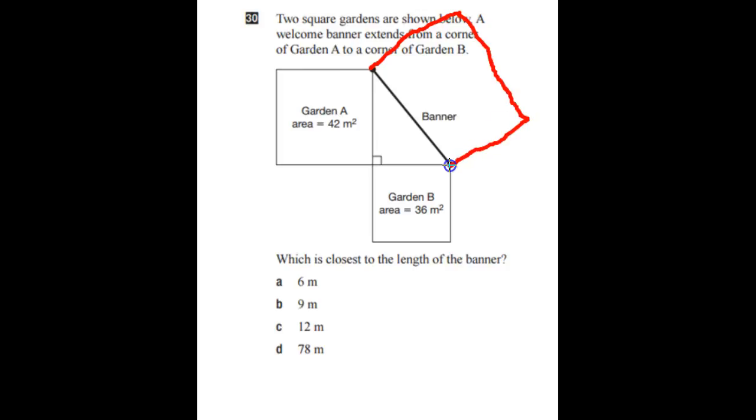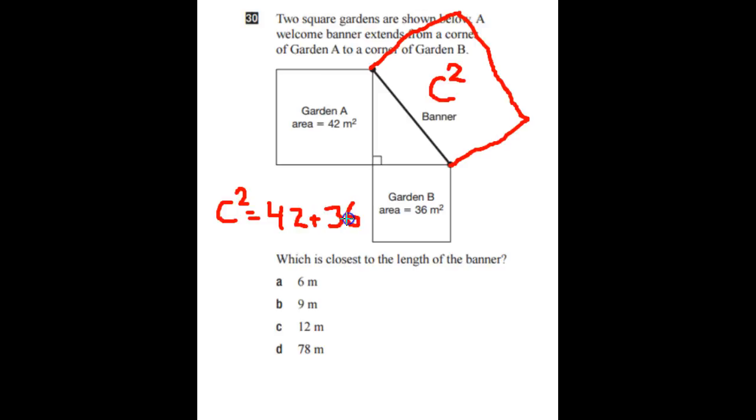And really, I know that this, which I'm going to call c squared, that area, is equal to this square plus this square. So really, c squared is equal to 42, I've already done the squaring of that side because I have it in meters squared, plus the 36.